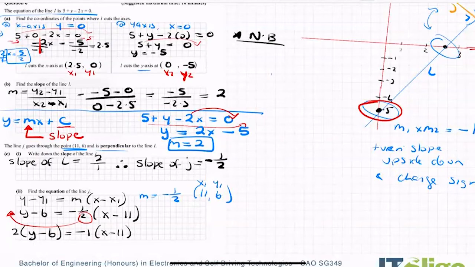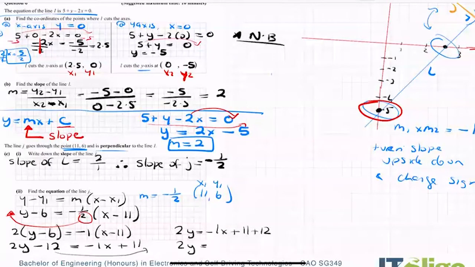You don't have to get rid of the fraction, but this is the cleanest way to do it. I'll show you in a minute how not to get rid of the fraction. So I have 2y minus 12 equals minus 1x, and minus by minus is a plus. Merge the two numbers. I have 2y equal to minus 1x plus 11 plus 12. 2y is equal to minus 1x plus 23.